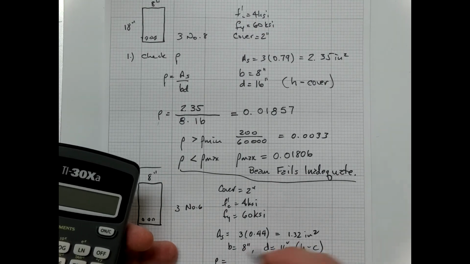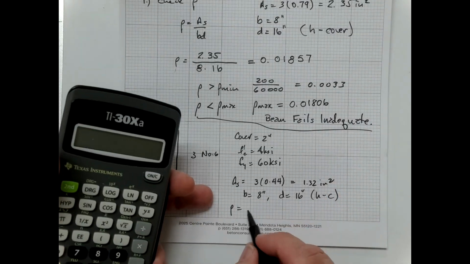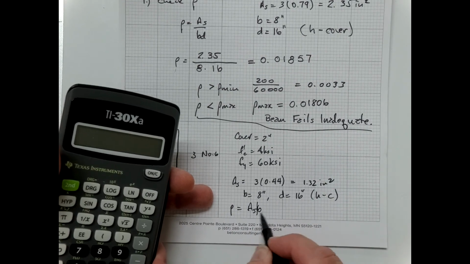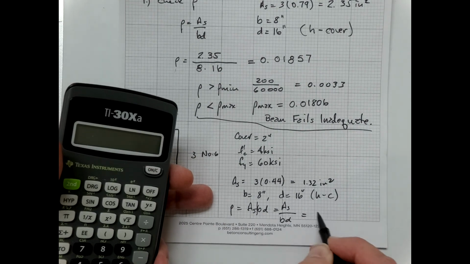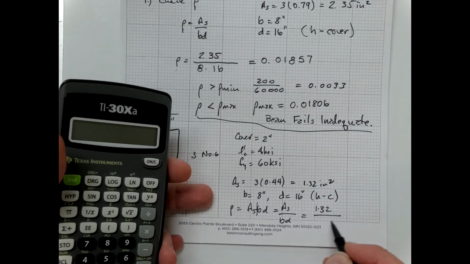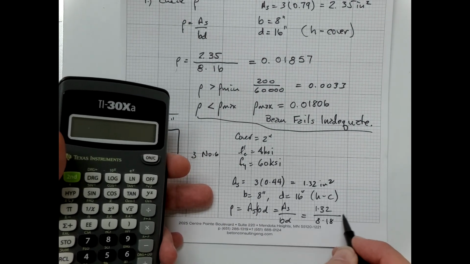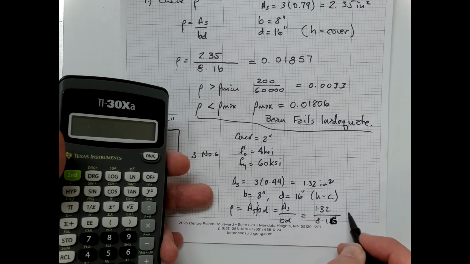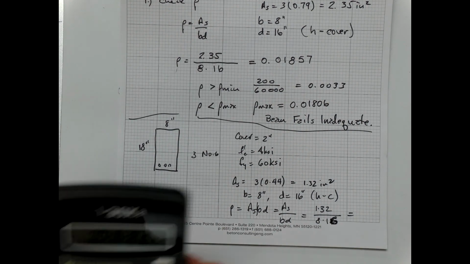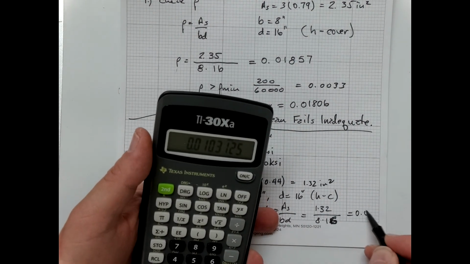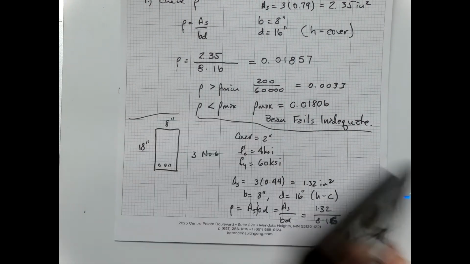And rho is equal to A S over B D, right? A S over B D. 1.32 square inches divided by 8 multiplied by 16. And what does that come to be? 1.32 divided by 8, 16 is 0.0103.